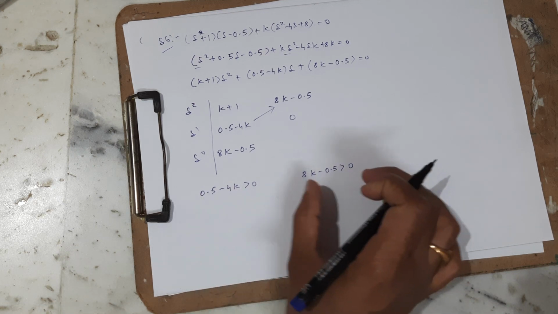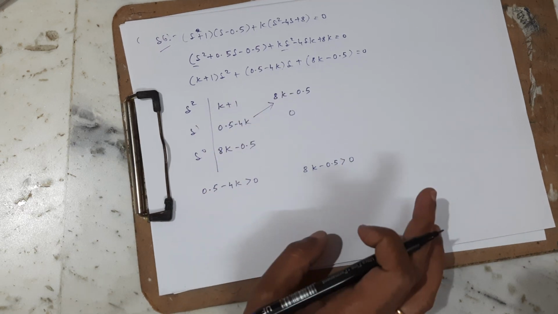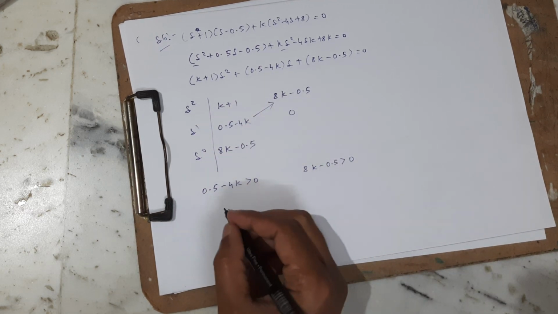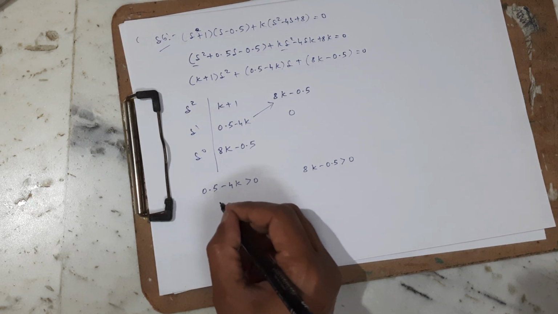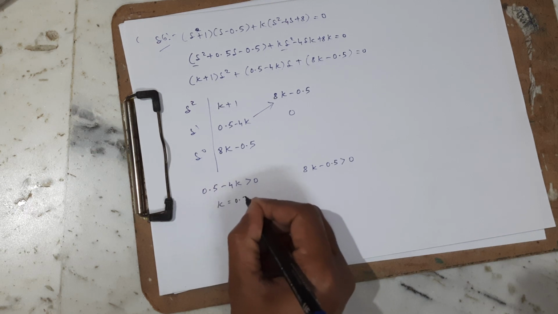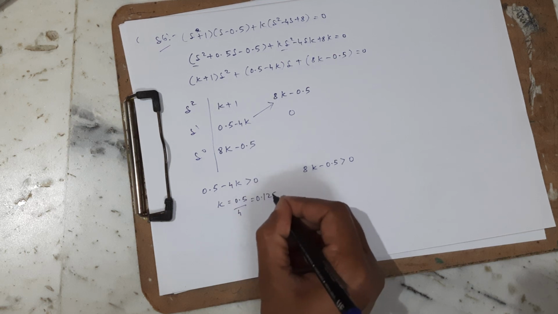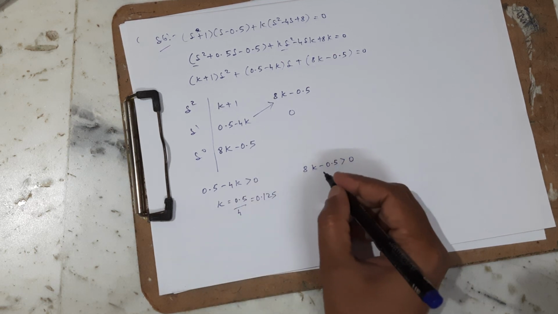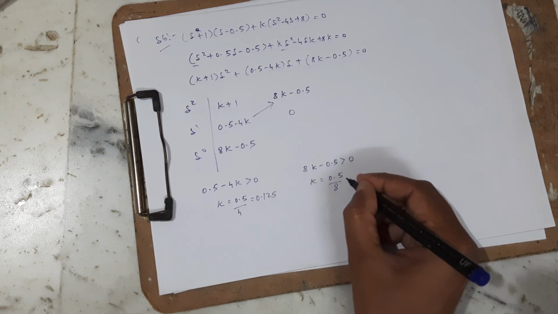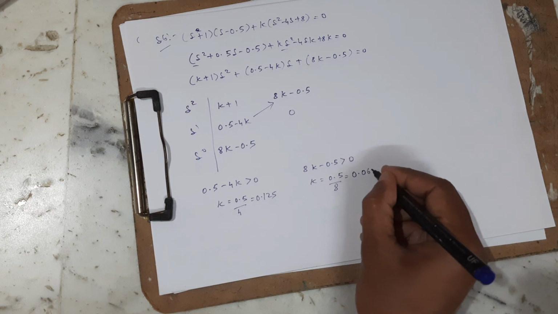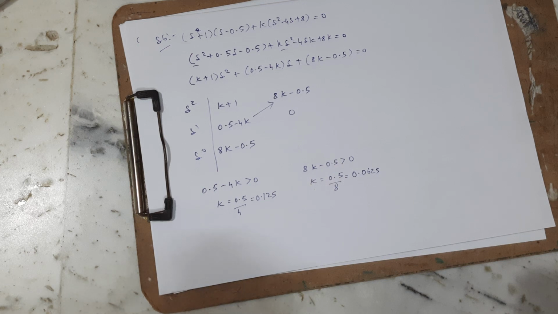Only then can we say the system is stable. To find the k margin, I equate these to 0. I got k is equal to 0.5 divided by 4, that is 0.125, and k is equal to 0.5 divided by 8, that is 0.0625. I got two values of k.